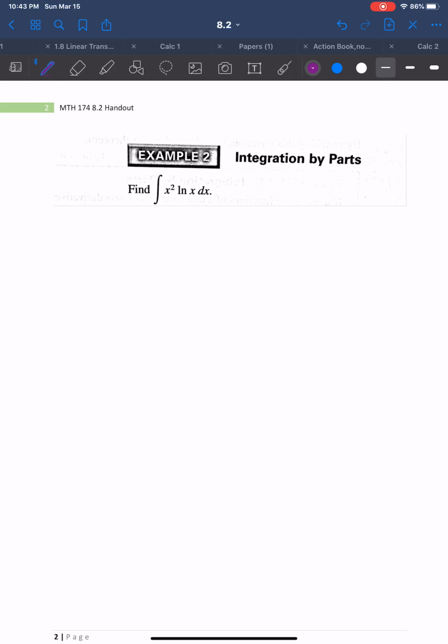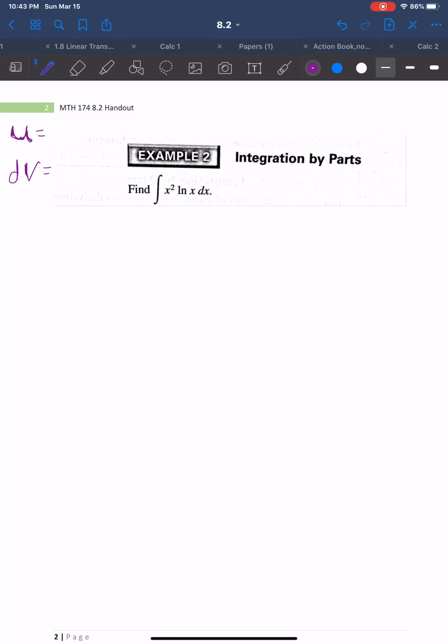That's a product, and we don't have a quick way of integrating that. We're going to have to use a different technique, and that technique is going to be integration by parts. So you know the deal. We need to define what we want to call u, and we need to define what we want to label as dv.